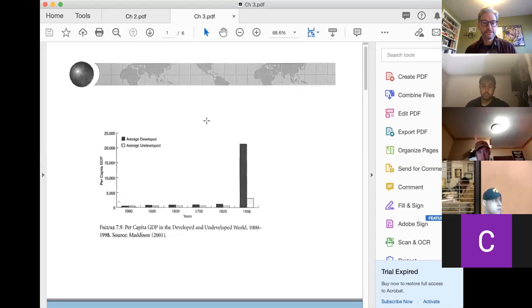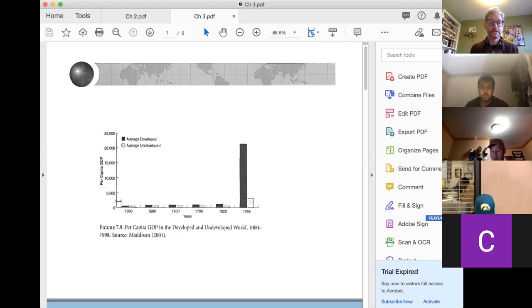Right. So this is looking at per capita GDP in what today is the developed world and in what is today the underdeveloped or less developed world. So if you go back to the year 1000, what you see is that there's very little difference between per capita GDP in the less developed world and in the developed world. In fact, if you go back to the year 1000, what was the richest area of the world? The Middle East and China.